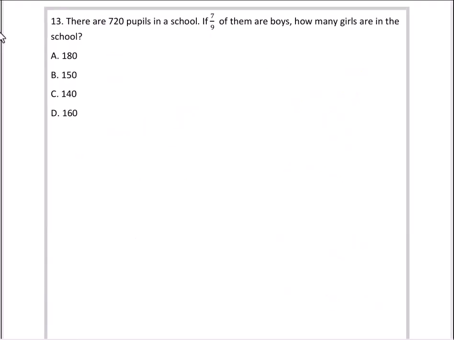There are 720 pupils in a school. If 7/9 of them are boys, how many girls are in the school? So what we can do is that we can know that the total number of pupils in this school is equal to boys plus girls, and then we have a total of 720.